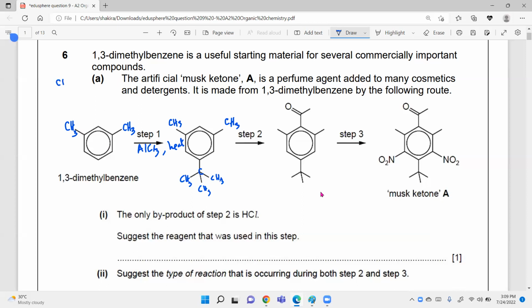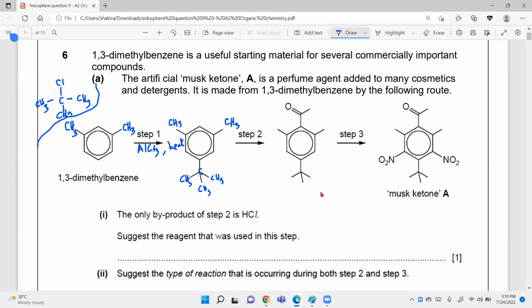And the chlorine must be attached to the carbon atom which gets attached to the benzene ring. So this should be the compound which has reacted with 1,3-dimethyl benzene in the presence of aluminum chloride to produce the product in step 1.